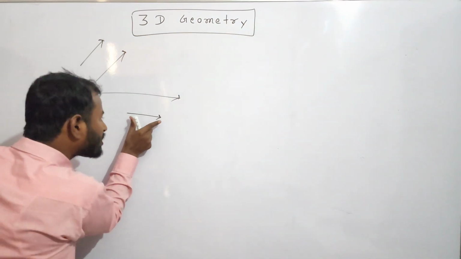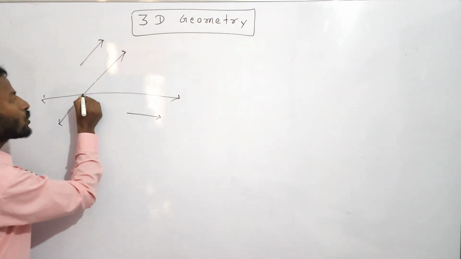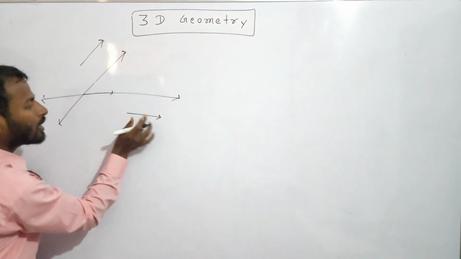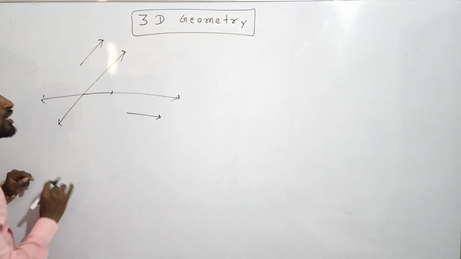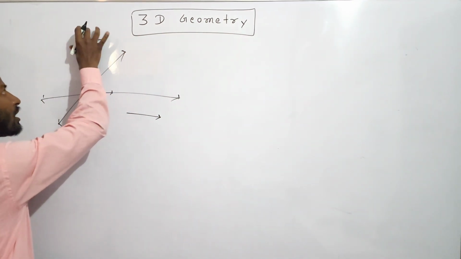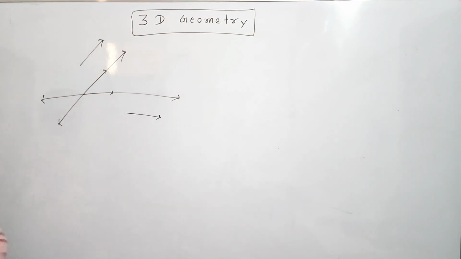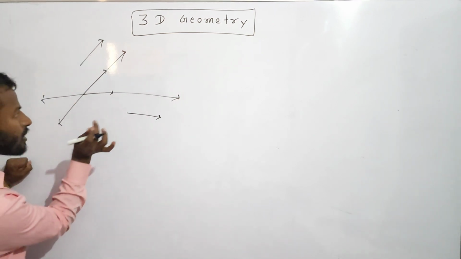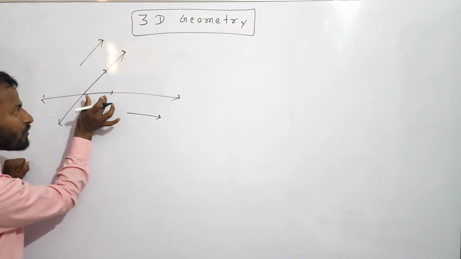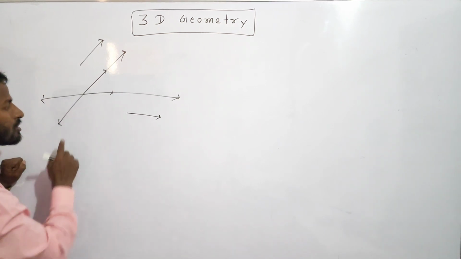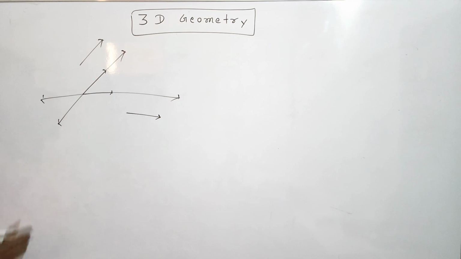So we can shift this vector to this point, in the same direction with the same magnitude. Now it is very clear that the angle between these vectors is equal to the angle between these two lines.